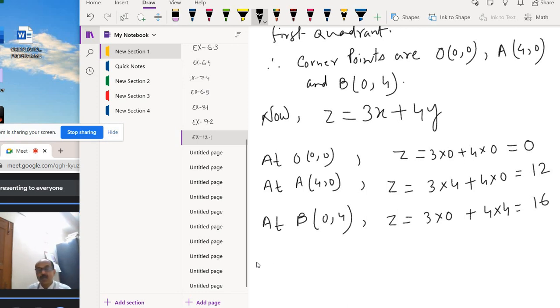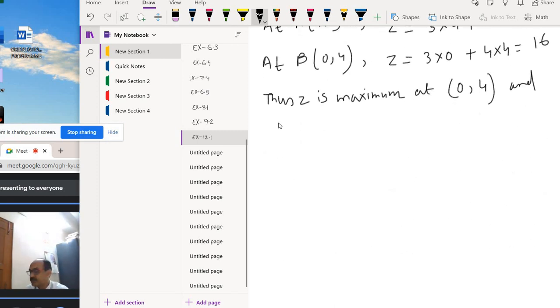So thus z is maximum at (0, 4) and the maximum value is 16.